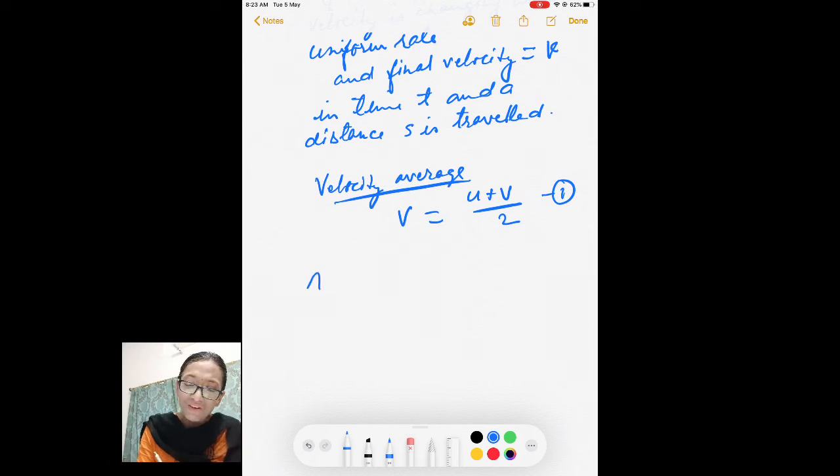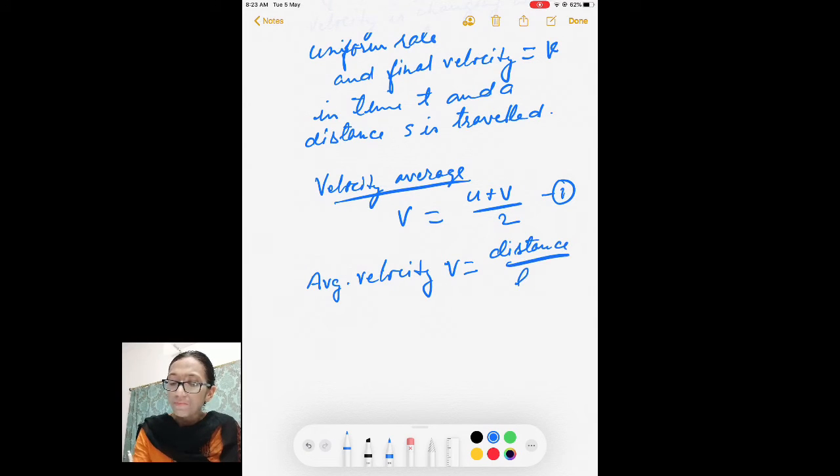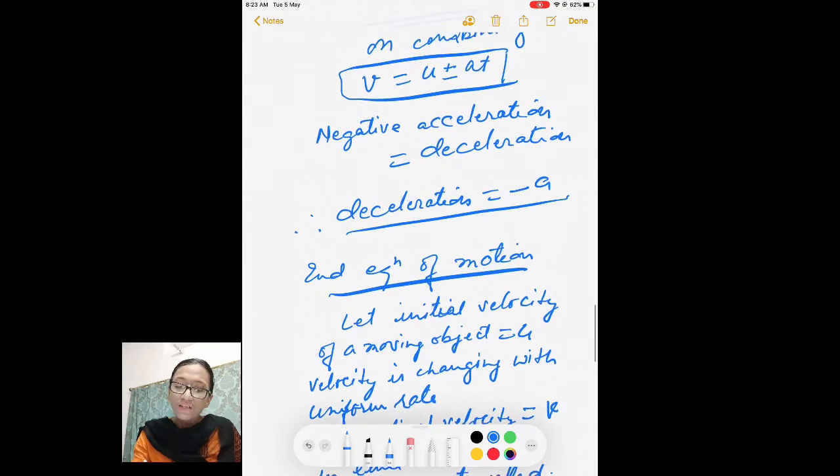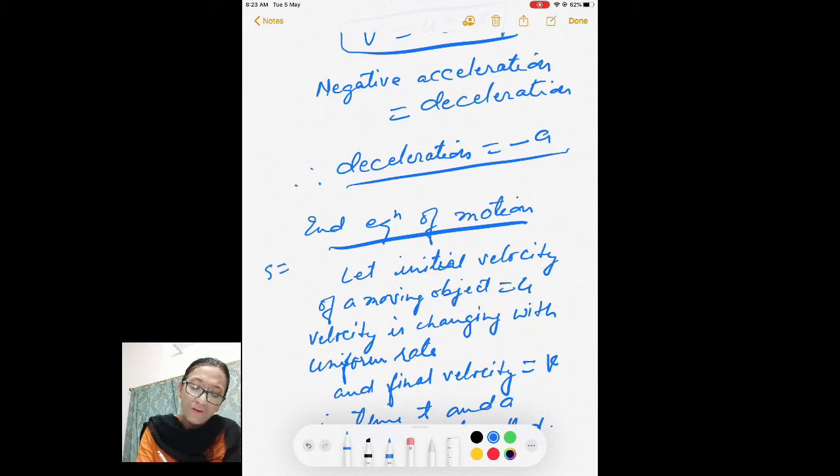So average velocity is equal to distance per unit time. Therefore, putting the values, s per unit time is equal to u plus v by 2. Therefore, s is equal to u plus v by 2 into t.